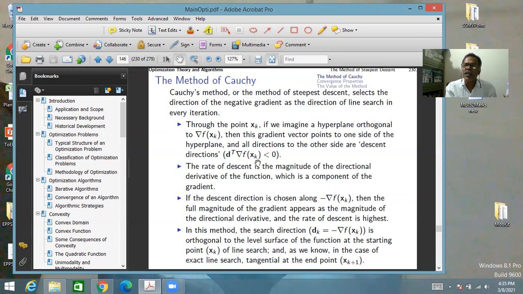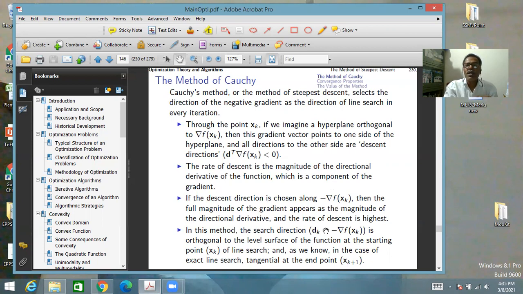For any other direction, the directional derivative is only an orthogonal component. So that is why in the steepest descent method, the direction is chosen as the negative gradient. Along that direction, the function decreases fastest, at least locally.